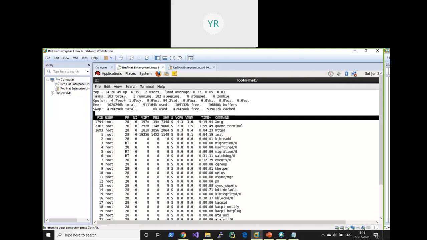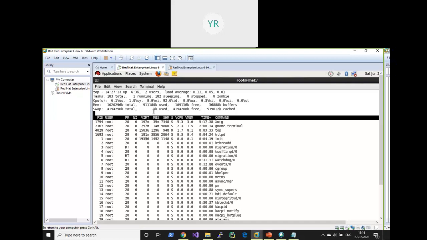Next, the third field is CPUs. Here you have 8 parameters in the CPUs field: US, SY, NI, ID, WA, HI, SI, and ST. There are 8 parameters with some percentage numbers. The first one is US.